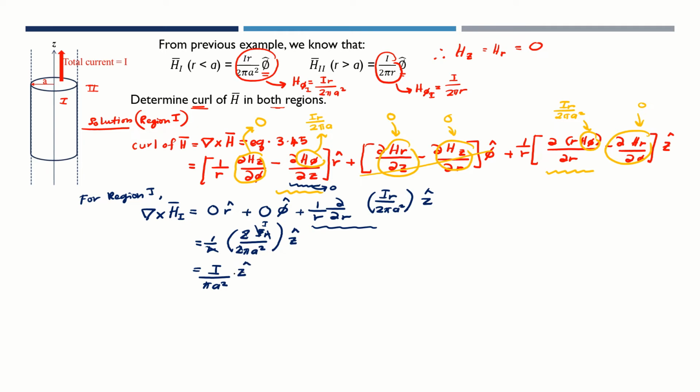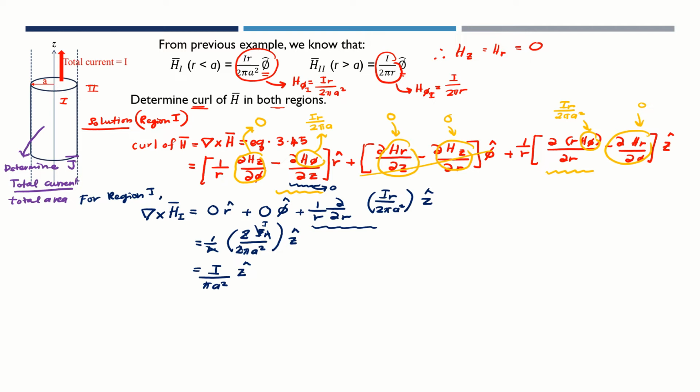Okay, I over pi a squared in the z direction. Related to this answer, let's say that for this part of the cylinder, we want to determine J. So what is the formula? If you want to determine J, the formula is total current over total area.